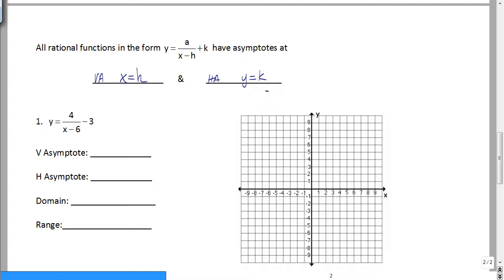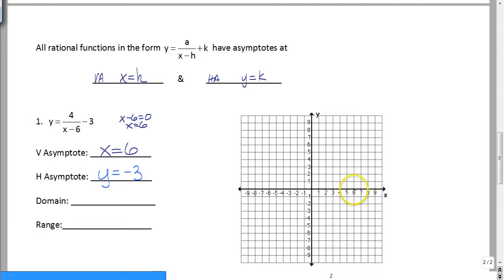So our vertical asymptote, again in this example, is x minus 6 is equal to 0. So x equals 6. That is your vertical asymptote. Our horizontal asymptote is the -3 off to the side. That's y equals -3. So graphically, we're going to put those down now.